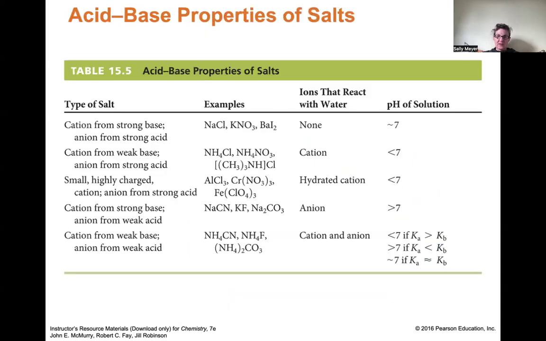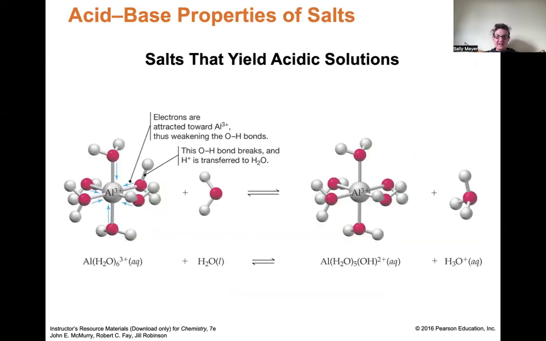When we go back to that slide, this one, here you have water. This is actually creating a reaction. The electrons are attracted from water onto the aluminum 3 plus because it has a +3 charge, and that weakens the OH bond.